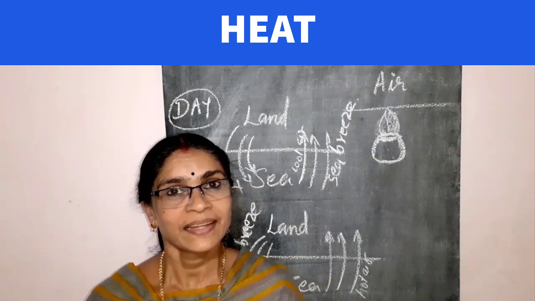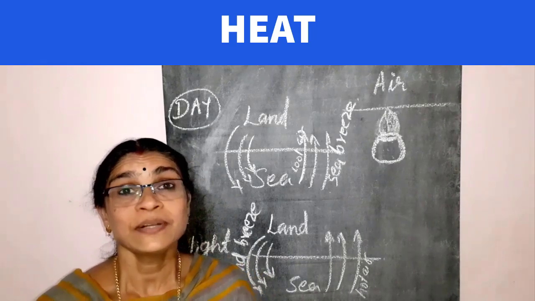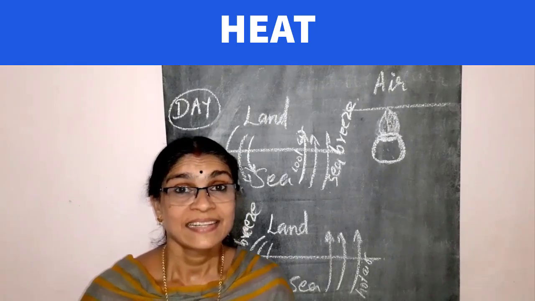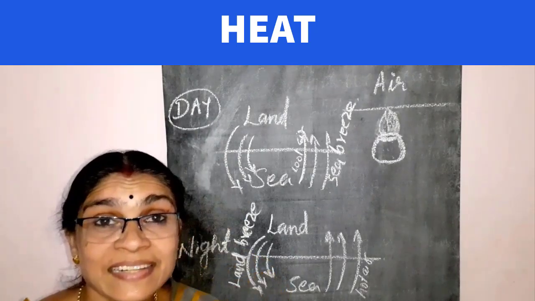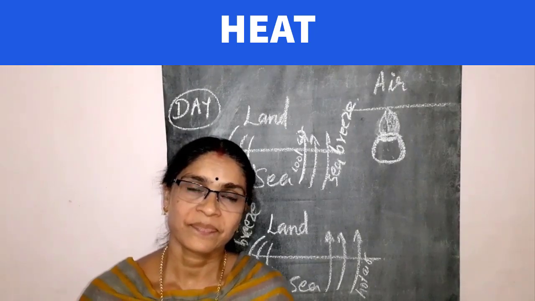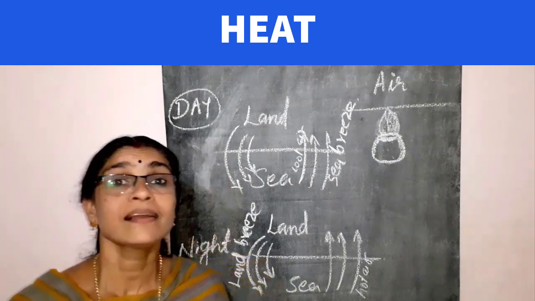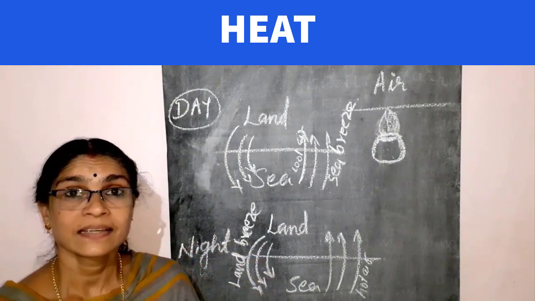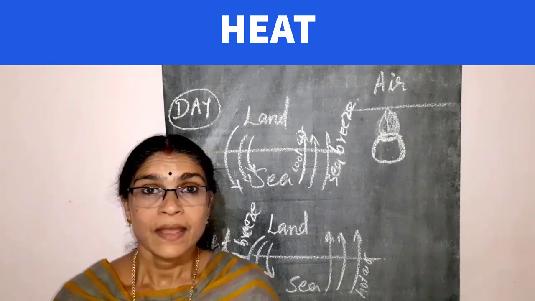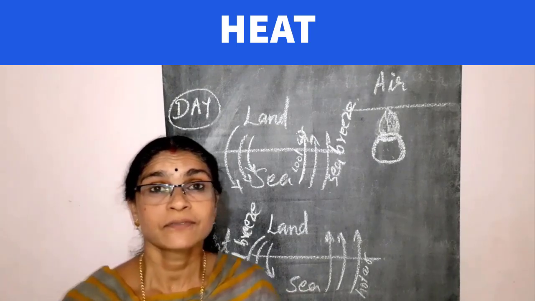That is why we feel very cool while wearing light and white colored dresses during summer. When we use dark colored clothes, these dark surfaces can absorb most part of the heat that falls on them.